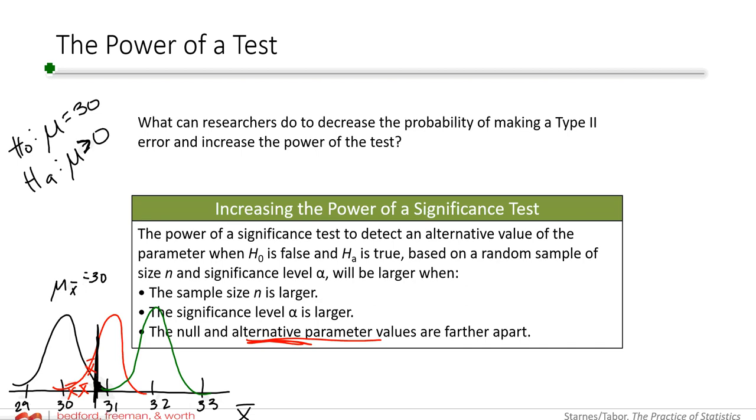So the question is, how many of the values, remember, we would not be rejecting H0 if my X bar is to the left of that black line. How many green X bar values would be to the left of that black line? Either none or very, very little compared to the red ones. So the further the hypothesized value and the actual value are, the greater the power is.